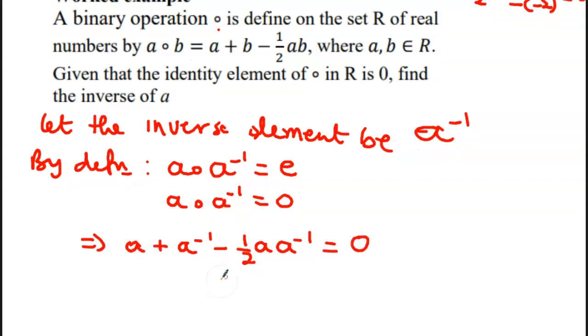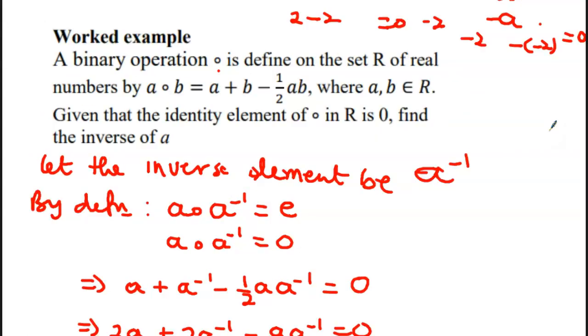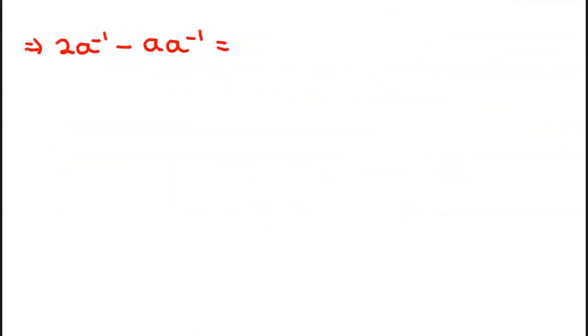We then multiply through by 2. So we have 2A plus 2A inverse minus A times A inverse is equal to 0. So let us group the like terms. We send this one to the right hand side. So when you do that, we are going to have 2 times A inverse minus A times A inverse. The other side was 2A, so this one will be minus 2A.